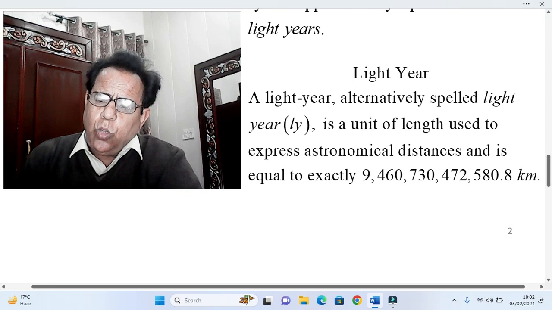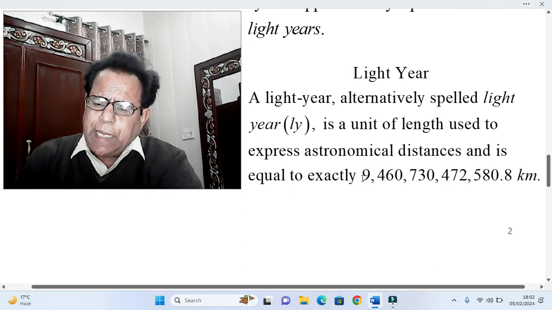So all these multiplications will make a figure close to this. And in that multiplication second will be cancelled with second, and meter will be converted into kilometer, and hence our answer will be near to this.